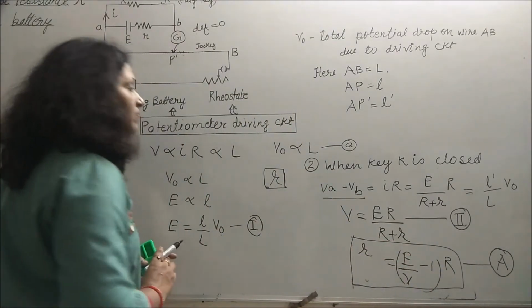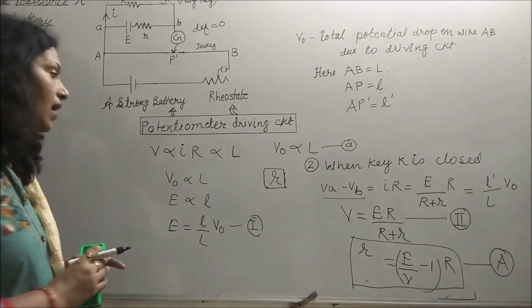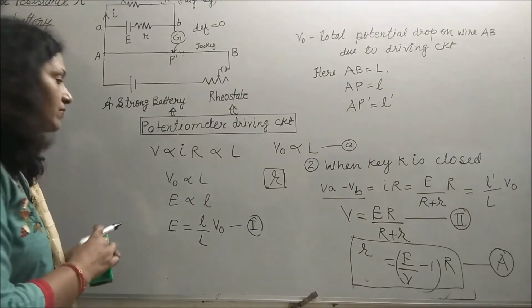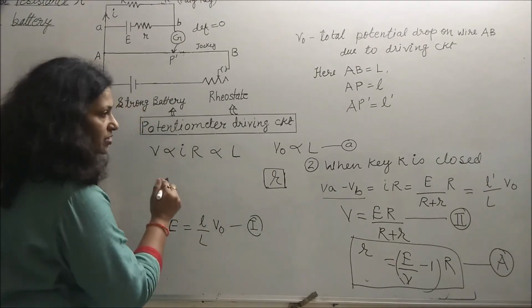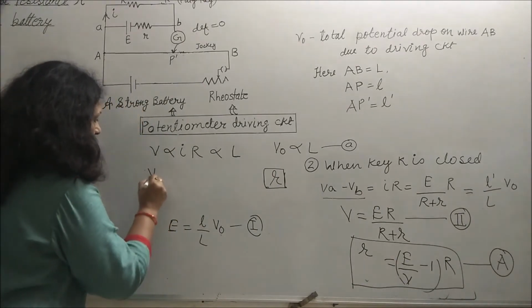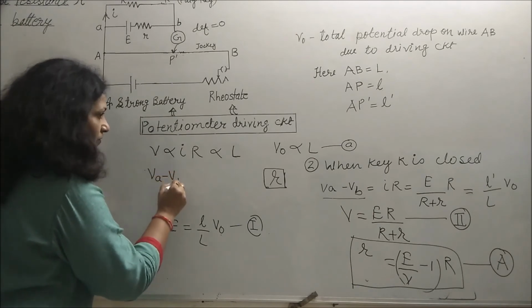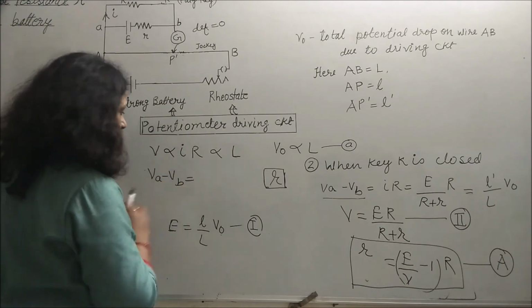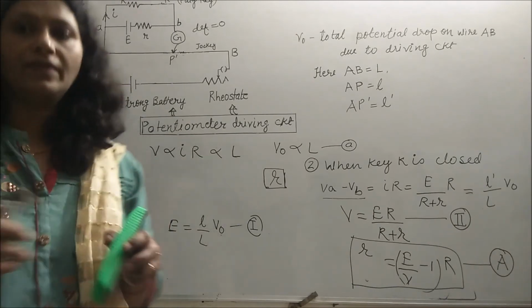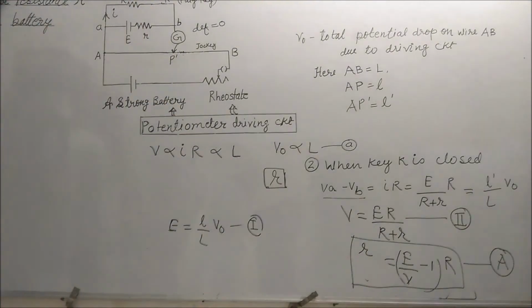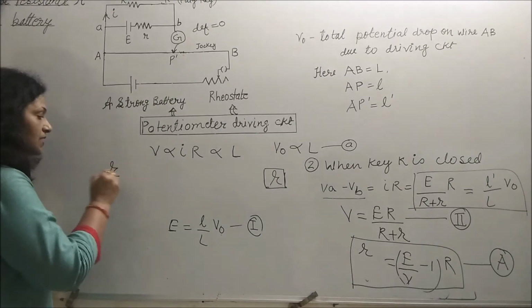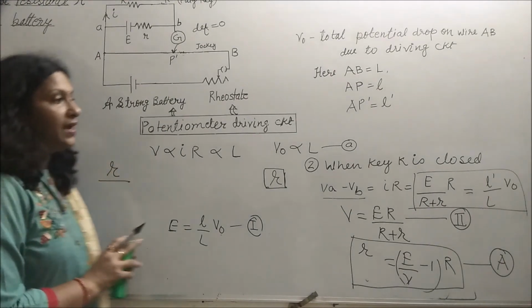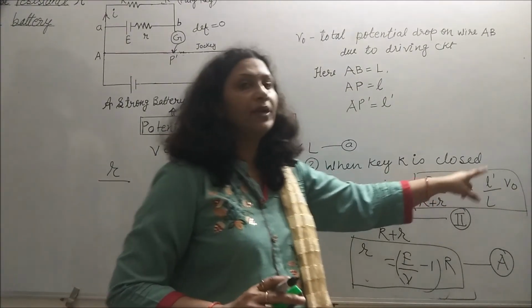Okay, now we will find another relation for r in terms of the length of the metallic wire. So we have got this equation. Second equation is VA minus VB is equal to, next we can get the relation for this internal resistance in terms of the length of the metallic wire.